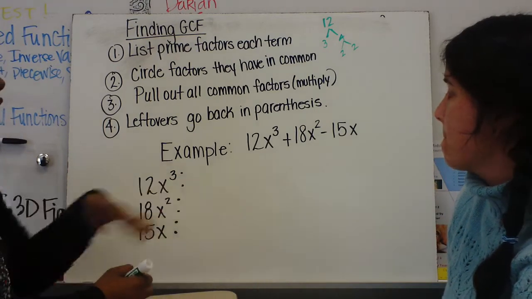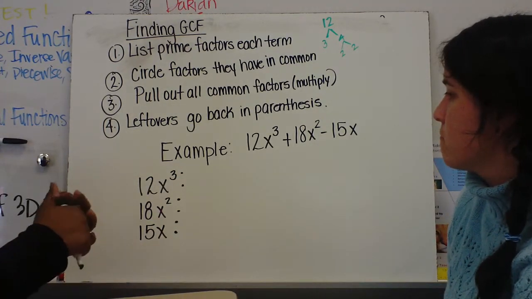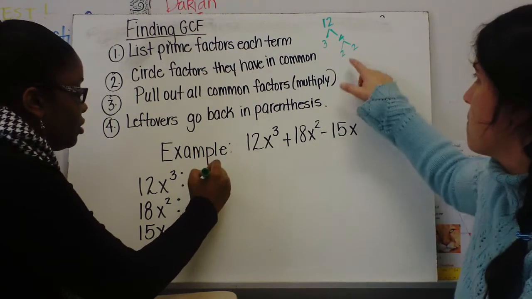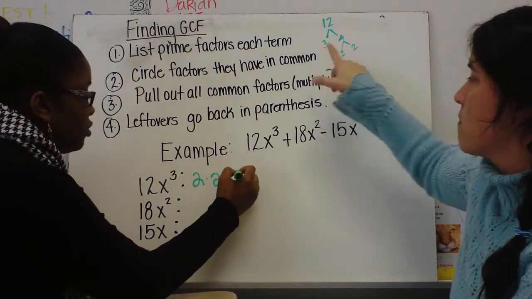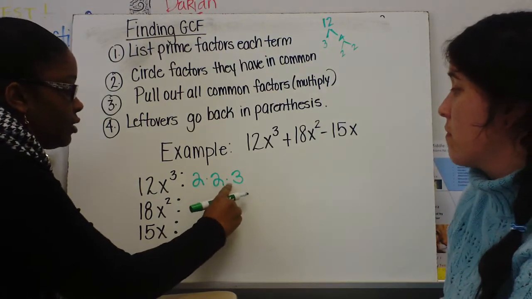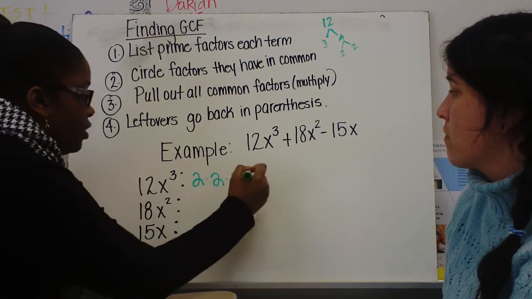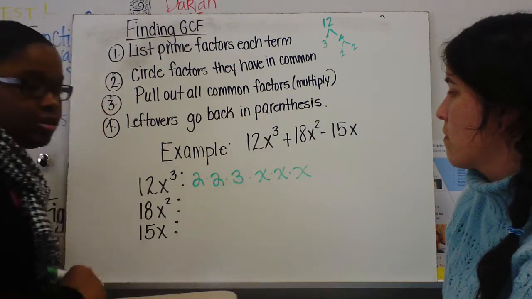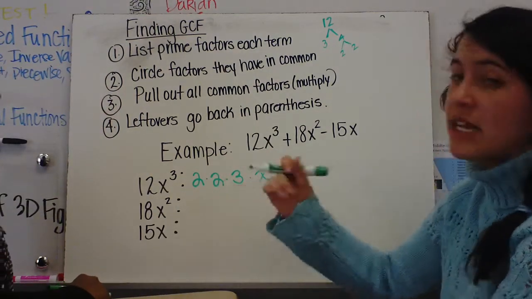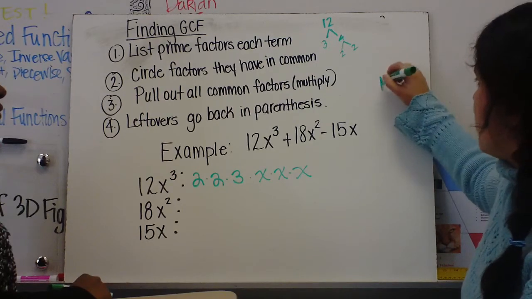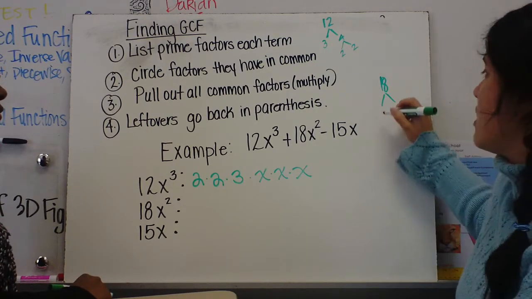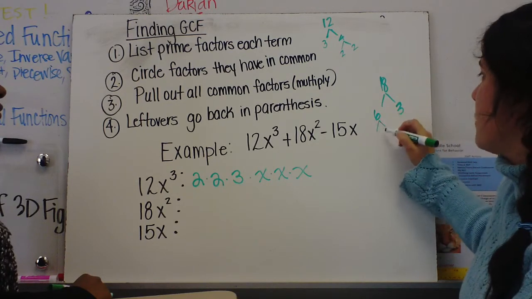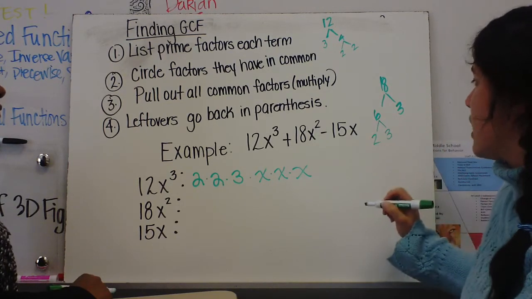Let's break down 12x to the third. 12 breaks down into 2 times 2 times 3. 2 times 2 is 4, 4 times 3 is 12. And then x to the third power is x times x times x. Now 18x squared. If you need to, do a factor tree. So 18 could be 3 times 6. 3 is prime, so we break 6 down to 2 times 3.